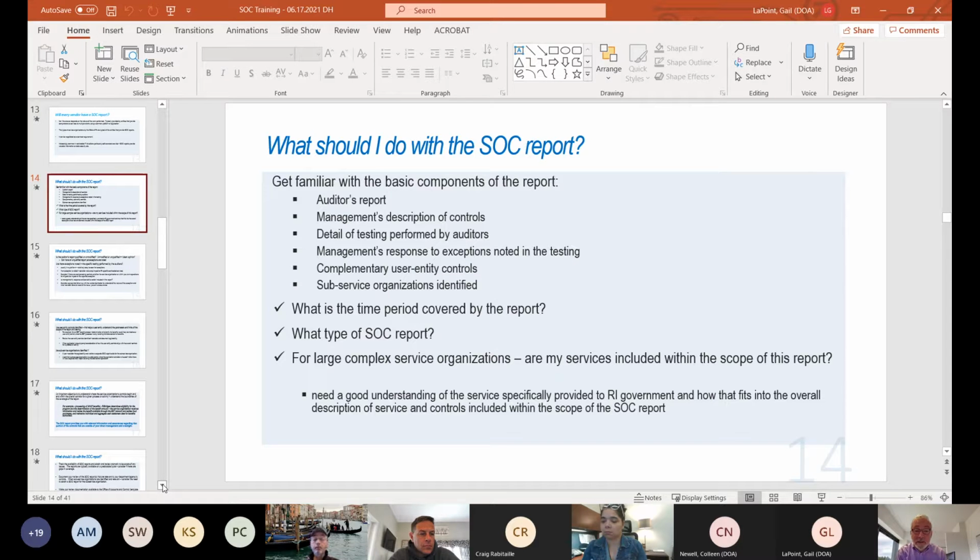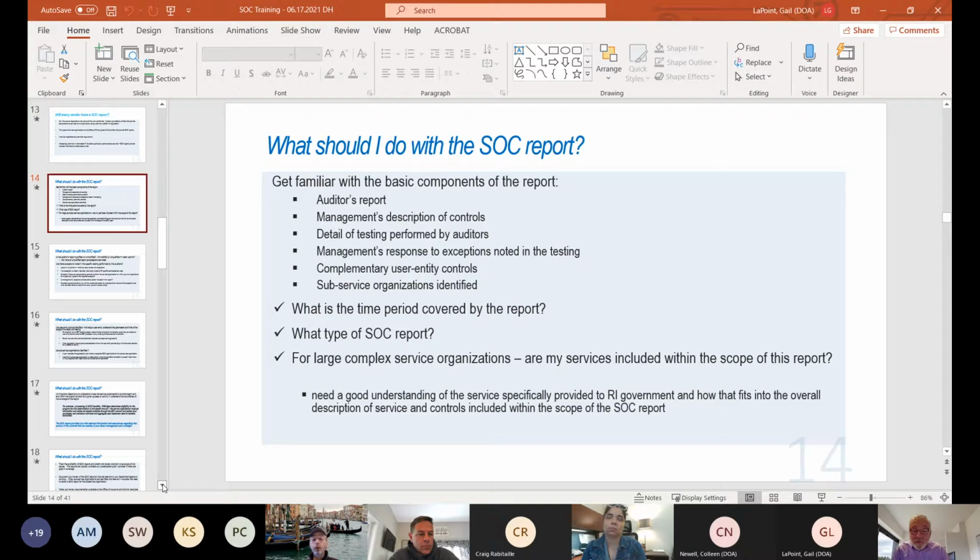One of the most important things that you can look at is what is the time period covered by the report. The auditors in doing this kind of work have to do the work during a defined time period. They can't opine on controls like a year after the fact. They have to do the work within that time period.